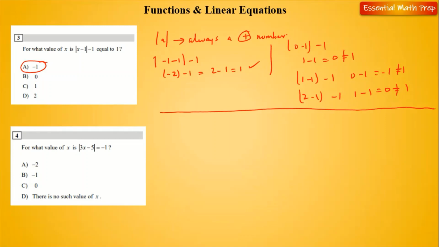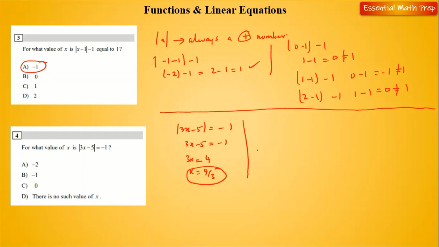This is another one of those cases where you cannot just use the answer choices to figure it out. We have the absolute value of 3x minus 5 equals -1. Let's treat 3x minus 5 equals -1. So 3x equals -1 plus 5, which is 4, and x equals 4 over 3. Clearly, that's not one of the answer choices.